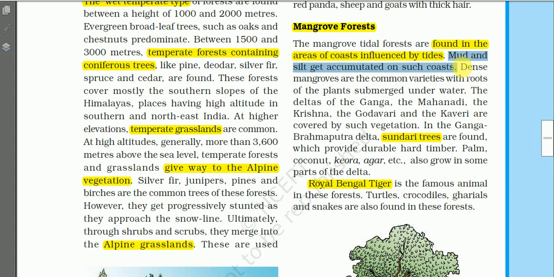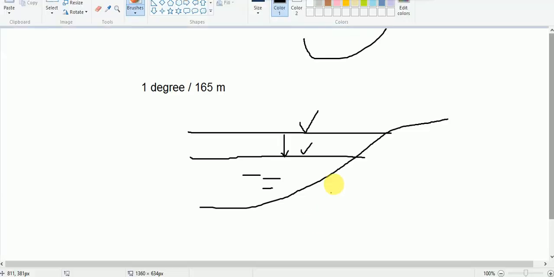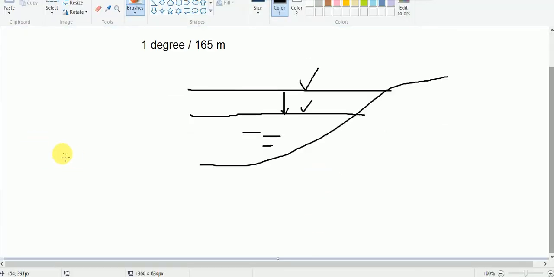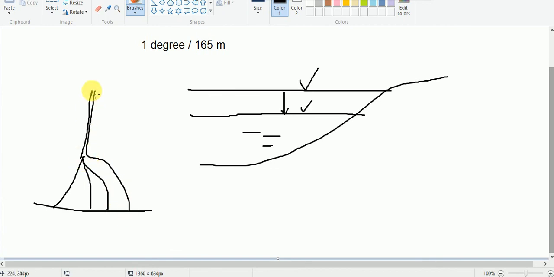Dense mangroves are common varieties with roots of plants submerged underwater. Let me show you a photograph, but before that, this is the surface. In the mangrove forest the roots are exposed here, and here you will find the tree.